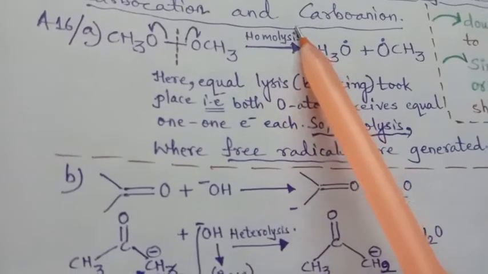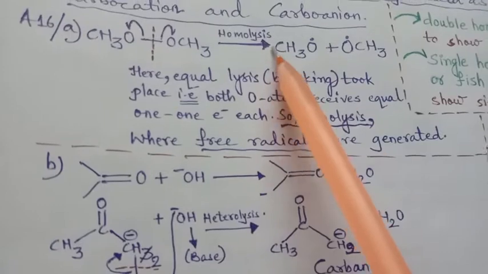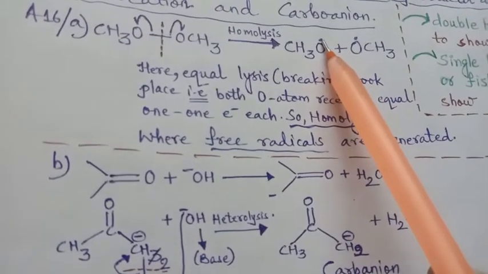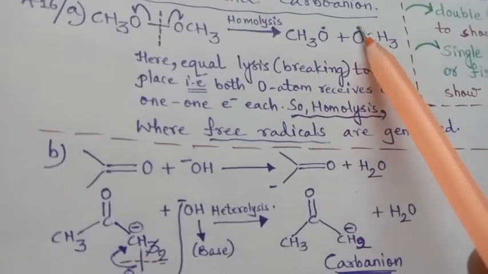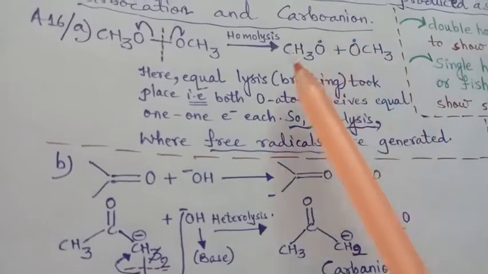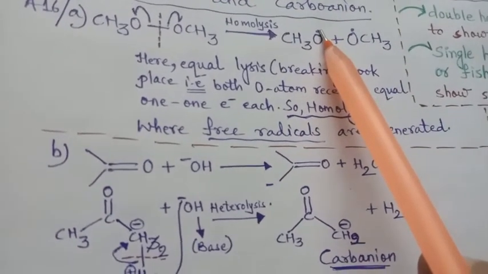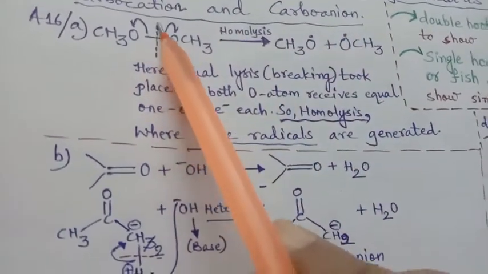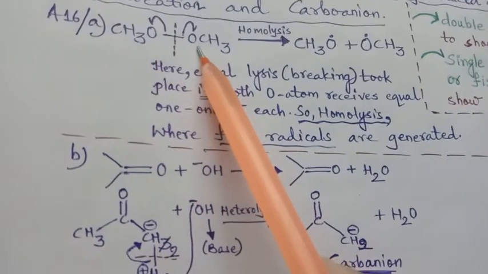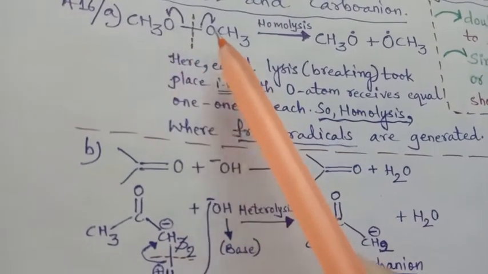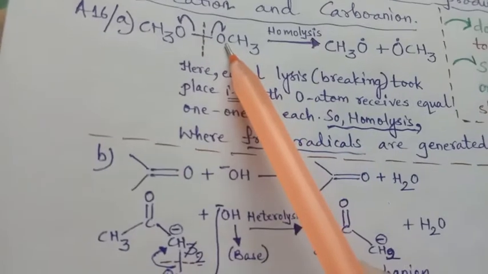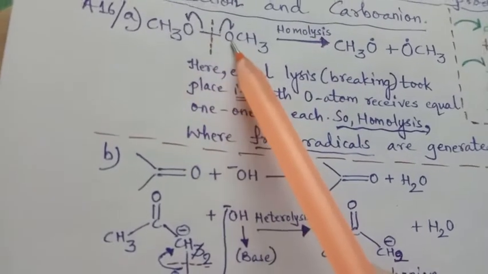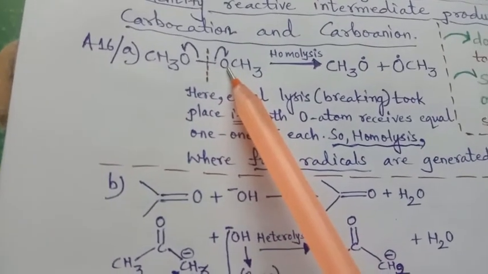So the reaction here is homolysis, which is then shown as a dot, which represents that it is a free radical, because it is from the cleavage of a homolytic compound. Both oxygens, that means both atoms, are the same. Both have shared their electron. Here no ionization has taken place.